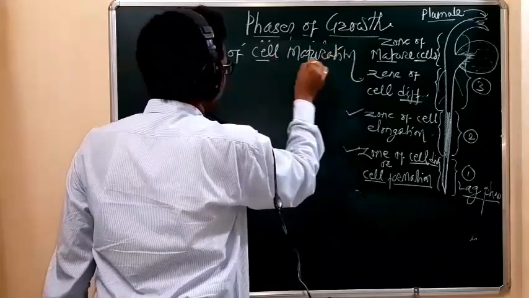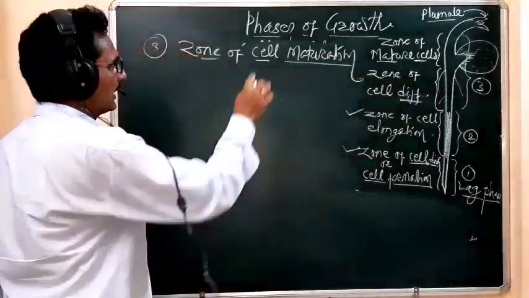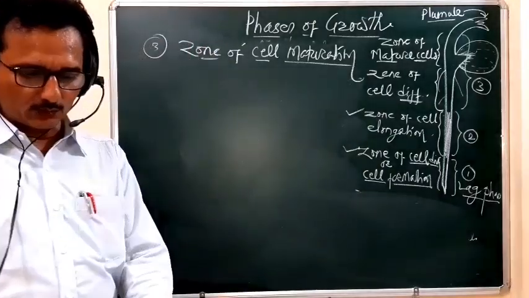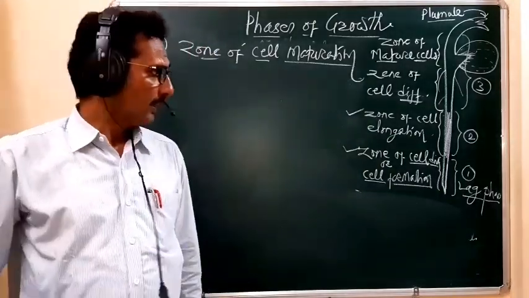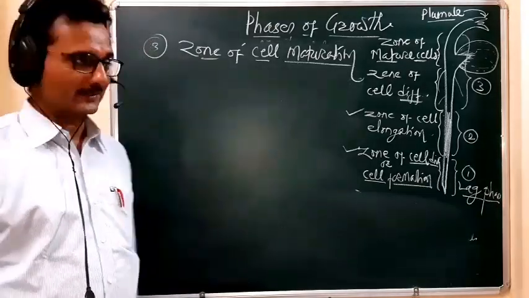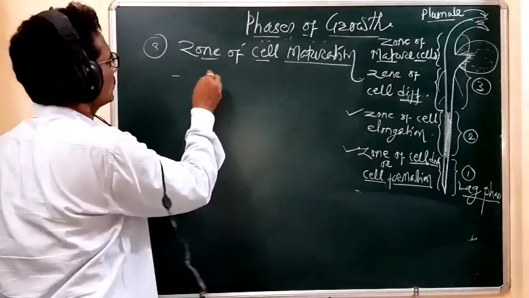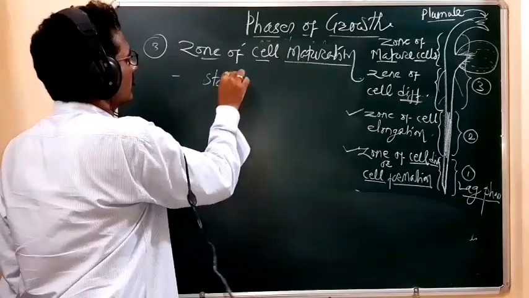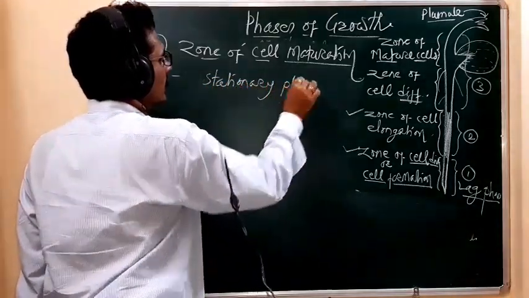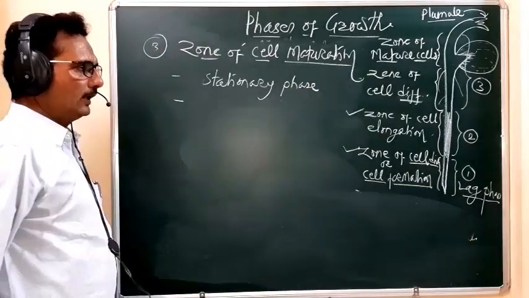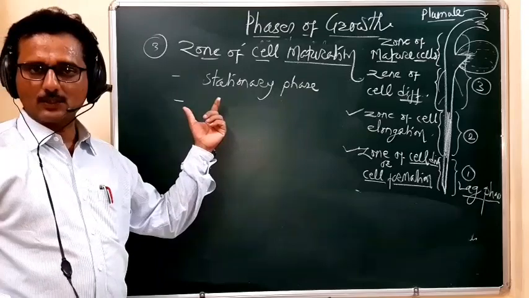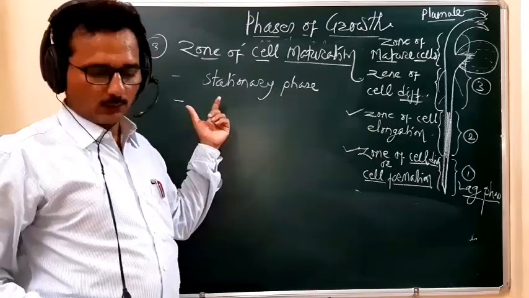So the word itself indicates cell maturation, meaning the cell gets mature. This phase is also called the stationary phase. Here, the growth is very slow.